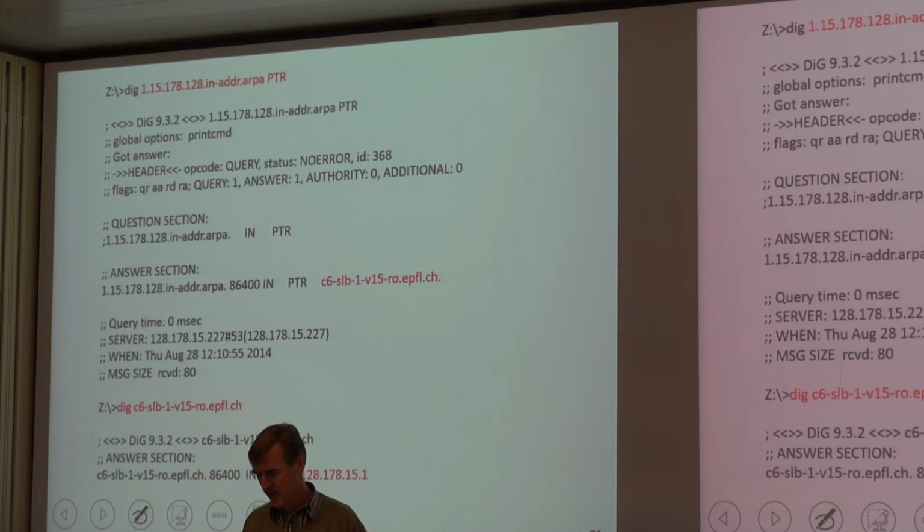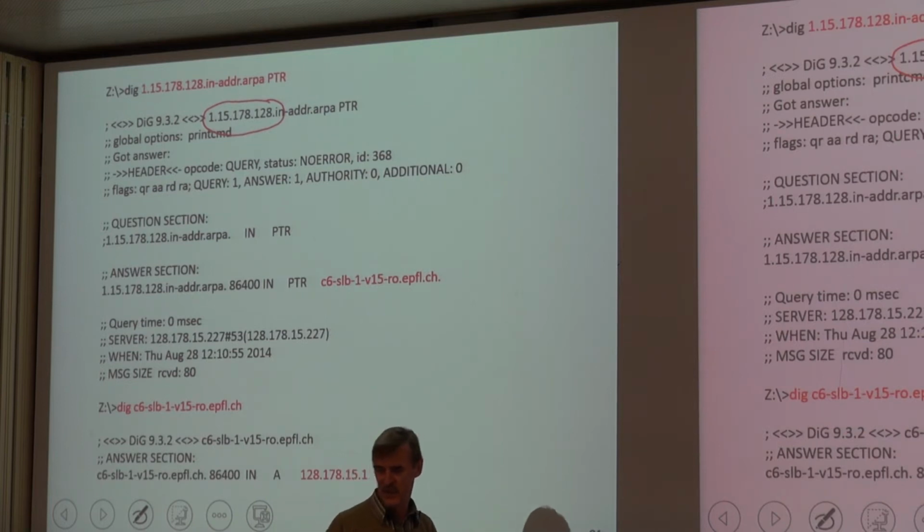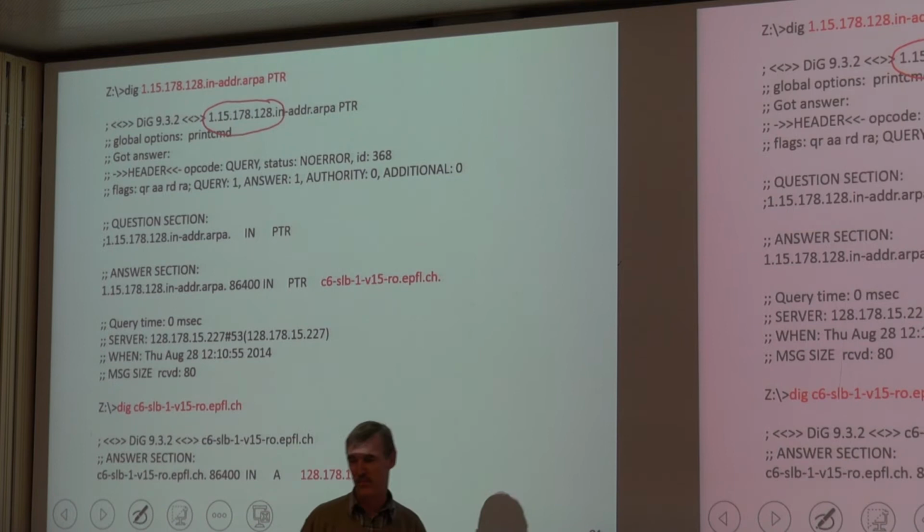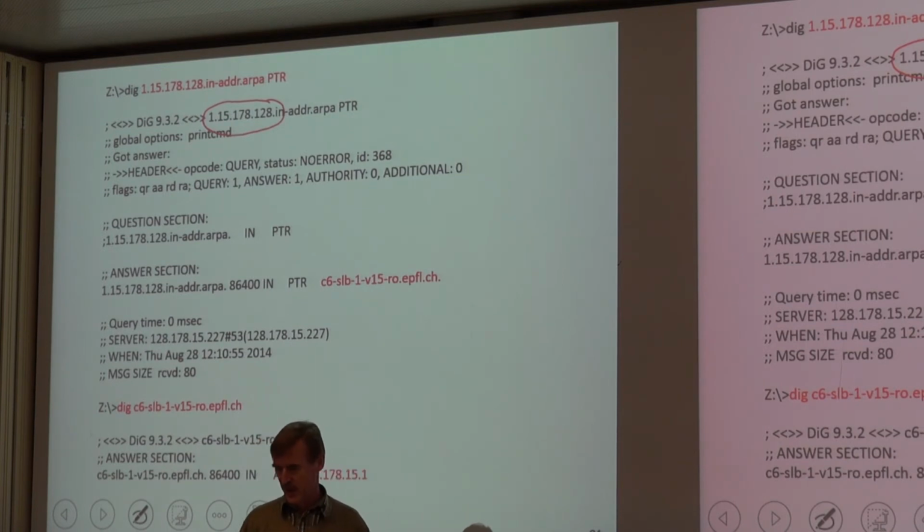Here is what we can do, for example. If I try to find the name that corresponds to 128.178.15.1, which is an IP router of the backbone of EPFL, then I find what is contained in the EPFL DNS server about this.